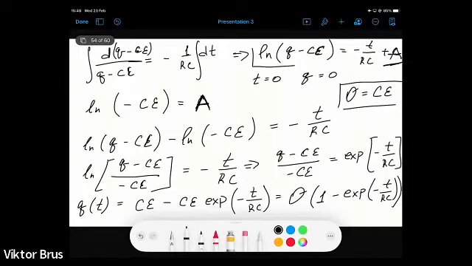So this is the time dependence of electric charge accumulated at the capacitor.